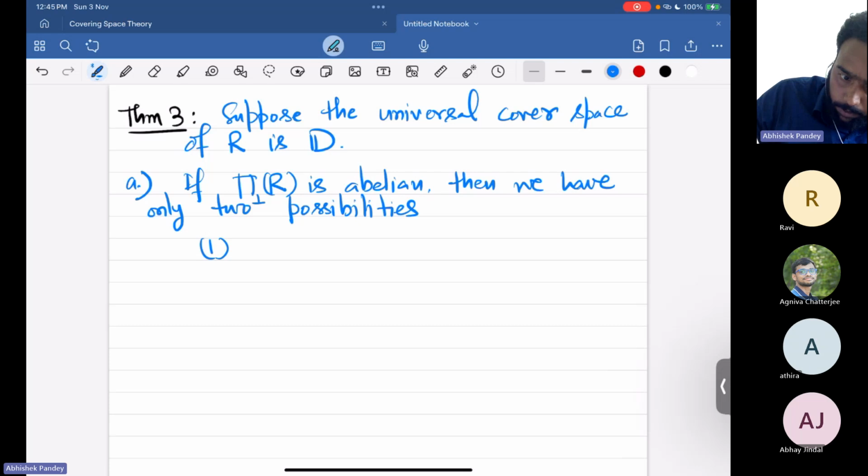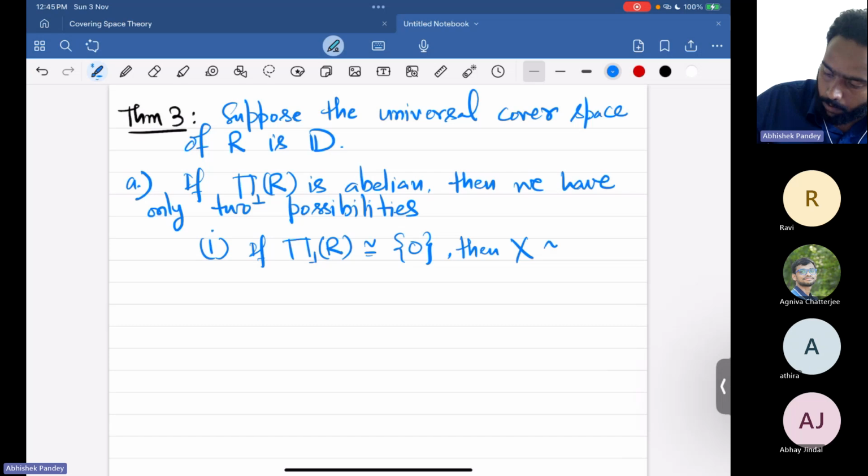First possibility is if this fundamental group is trivial, then X is nothing but the unit disk. Okay. So in the group sense, whenever I'm writing this notation, you understand it as isomorphism. And in the Riemann surface case, whenever I'm writing this one, you understand it as biholomorphism.